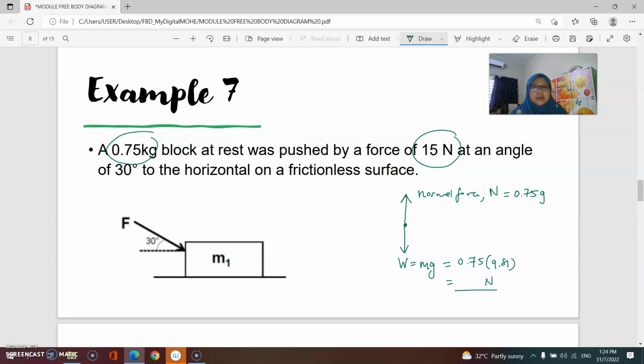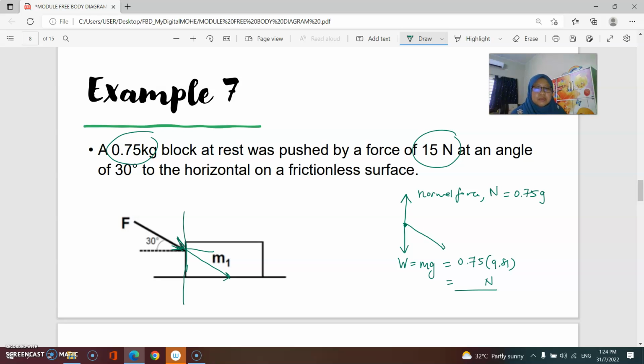Now we have the applied force. The force here is 50 Newton. If we draw an axis on the diagram, the force will go here in the fourth quadrant.